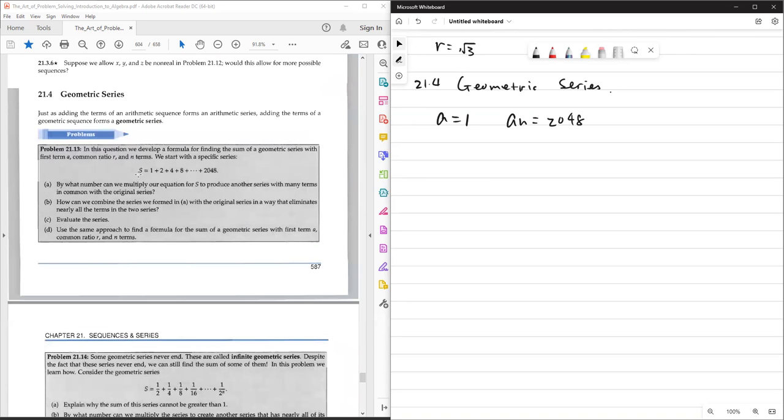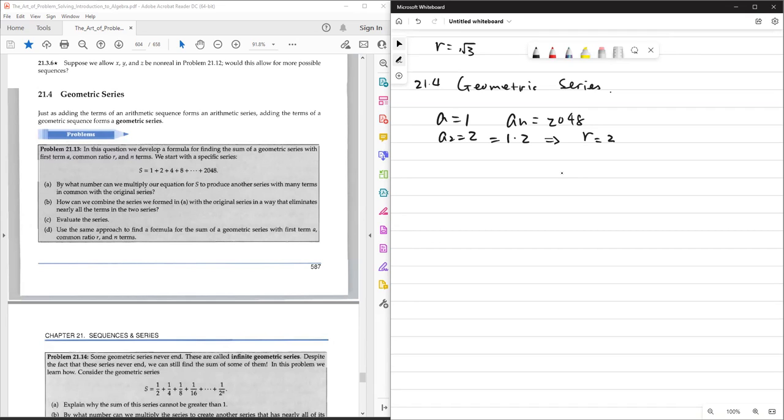S equals the sum of this. So the first term is A, then A_2 equals 2 equals 1 multiplied by 2. Therefore, we know R equals 2. So this is a series where everything doubles from the previous one.